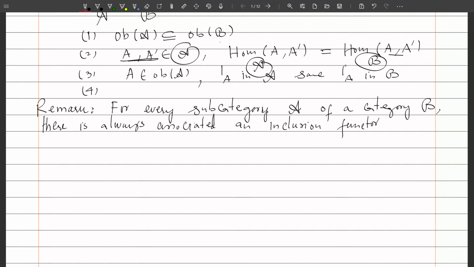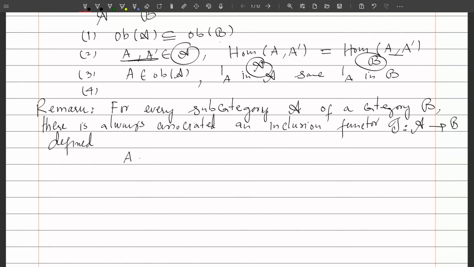Let us denote that functor by I. This inclusion functor is from category A to category B, and it behaves like the identity. It is defined as follows.